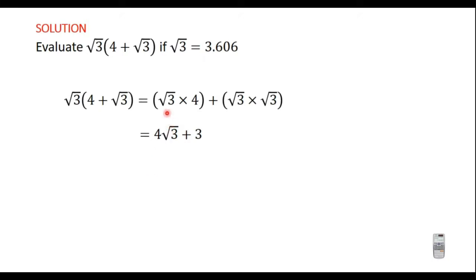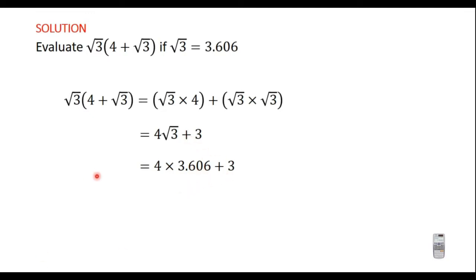So what you do is that we know that square root of 3 is 3.606. That's what the question told us. So you replace square root of 3 here with 3.606. So it's going to give us 4 times 3.606, then plus 3 as we have here.